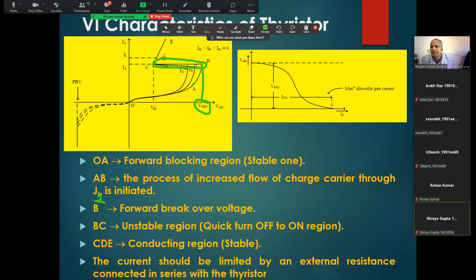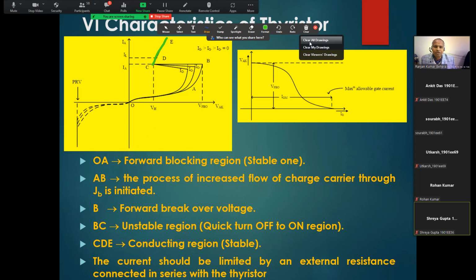Then at the latching current, when the current increases, this is called the latching current, and at this point suddenly the thyristor will start conducting according to the load. BC is the unstable region, and CDE is called the conducting region or the stable region.